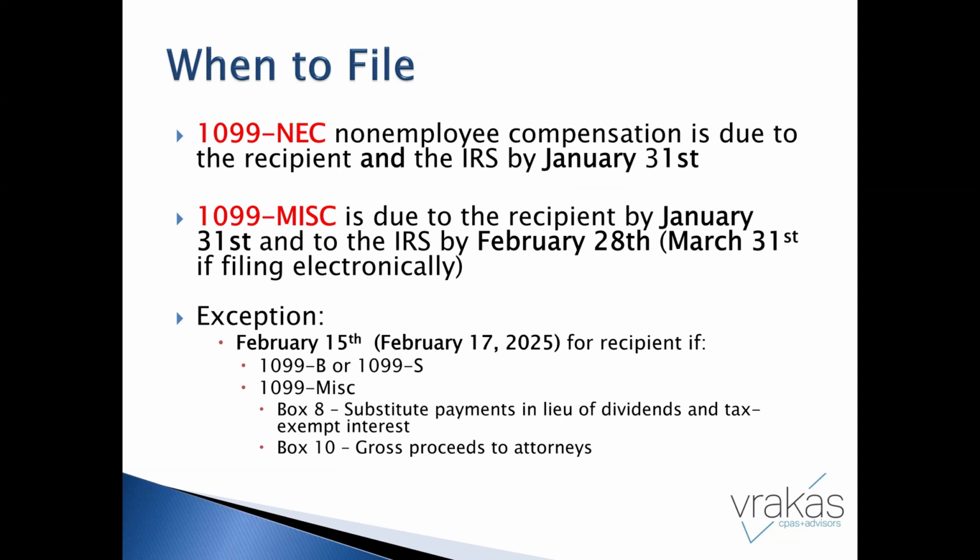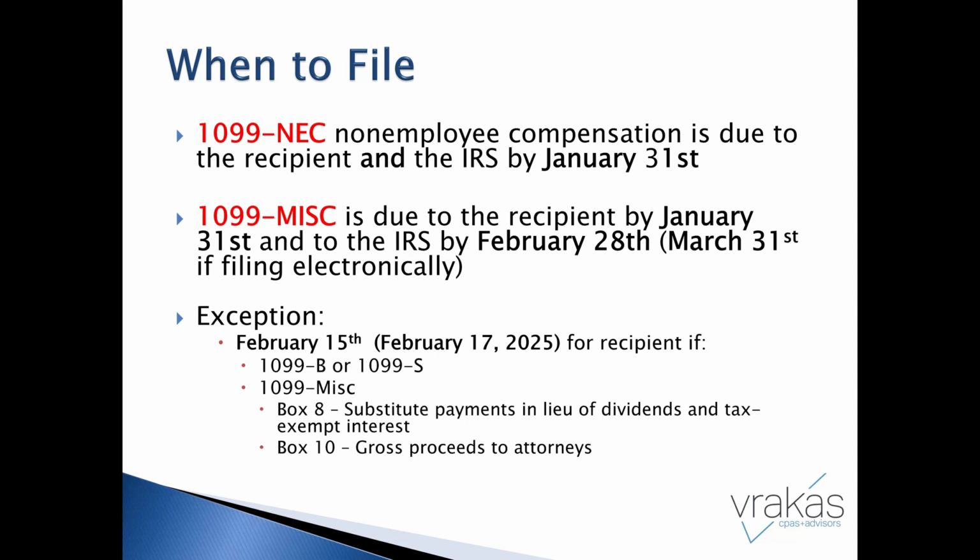1099 NECs and miscellaneouses, obviously we all know they're due early in the year. The NECs and the miscellaneouses are both due to the recipients, now this is the vendors, by January 31st, but the NEC is due to the IRS by January 31st as well.